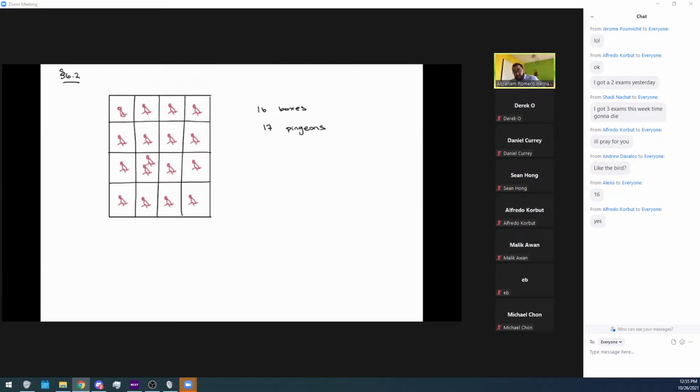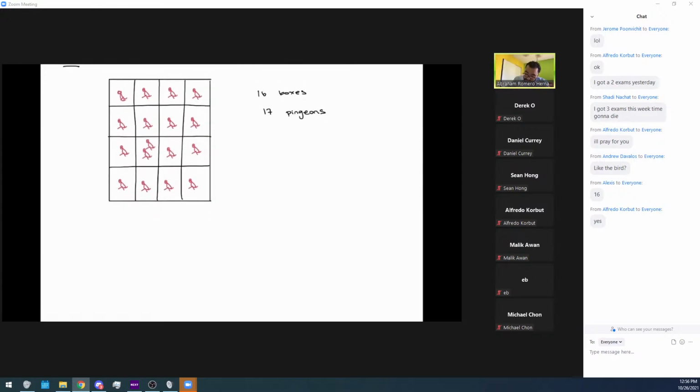The basic idea of the pigeonhole principle is that if you have K plus 1 objects that need to be placed in K boxes, then one of those boxes will contain at least one or more of the objects in it, meaning it can contain two or more, depending on how many objects you have.